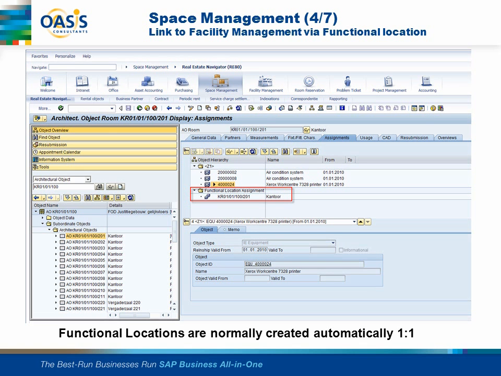The floor can be the rental unit, but on the other hand, the room can be a functional location, because there you specify that you have one beamer, for example, one flip chart, and other equipment. Normally, we identify that the rental object or the architectural object is in a one-to-one relationship with the functional location. It's much better to manage that in such a way.